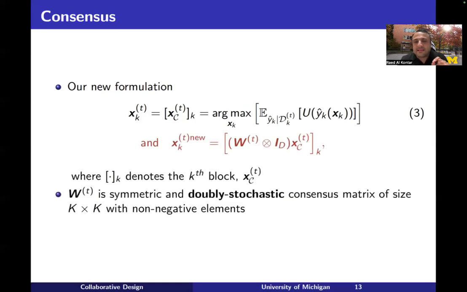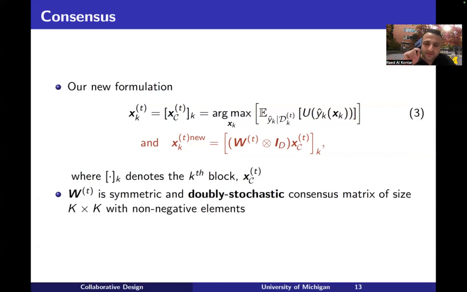And then the actual experiment that every client k does is a weighted combination of all the candidate solutions. And this weight is dictated by some consensus matrix W. W basically dictates how much one client's decision will affect the other. Okay.